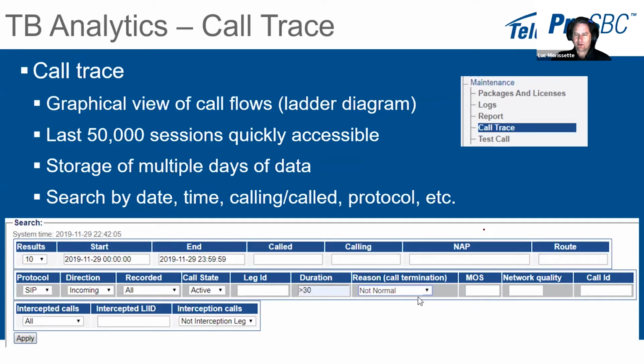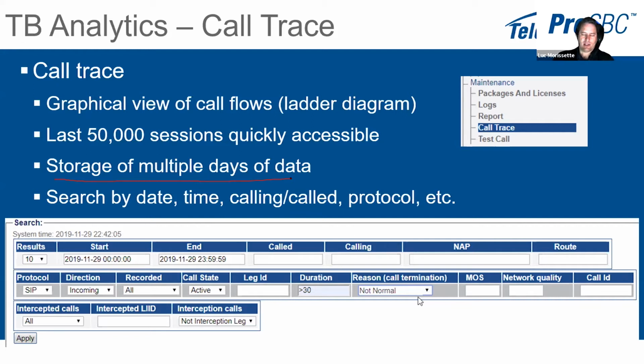Now, we talked about call trace, and it's an important tool to see what is going on in the system. So you have a graphical view of the call flow of what is going on in your system. You have up to 50,000 sessions quickly available from this tool. You will store this information in the directory we showed you earlier on.